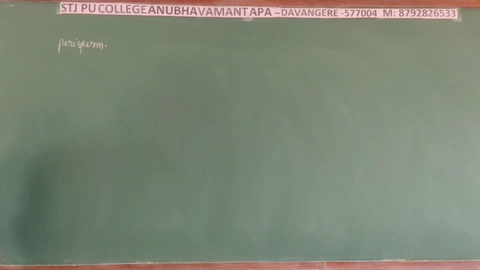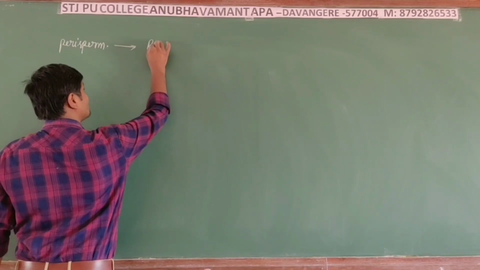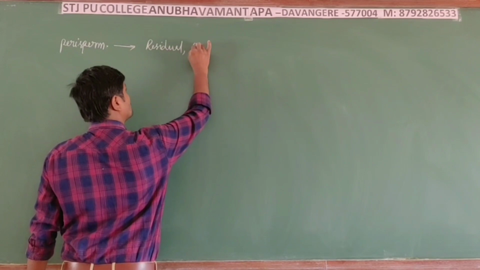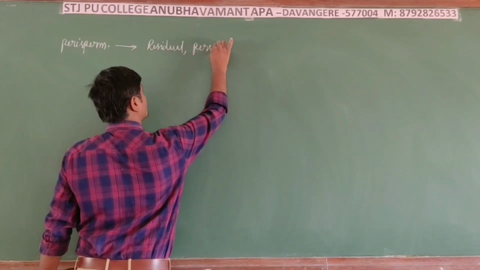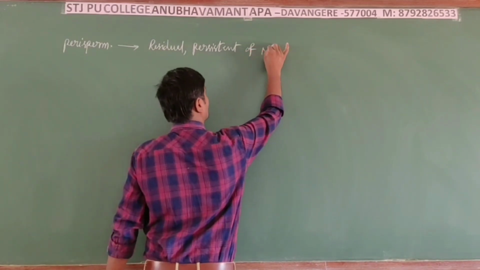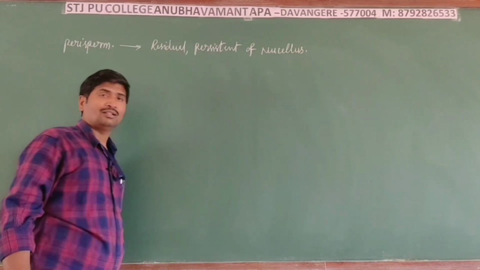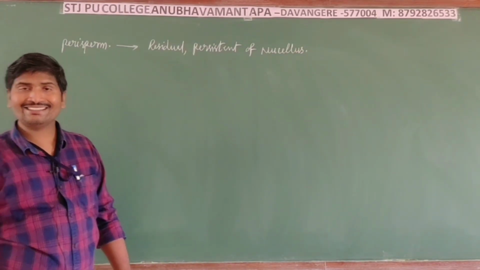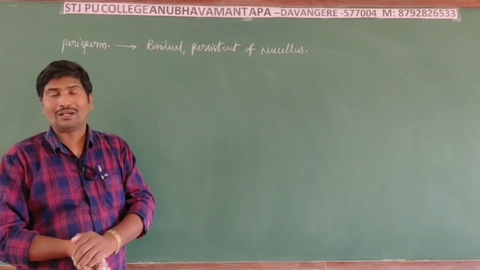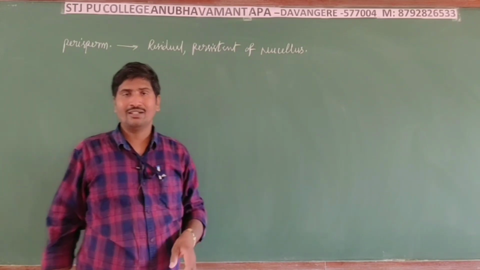Here, what about the perisperm? The perisperm is the residual, persistent nucellus. Generally the nucellus is absent after fertilization, but in a few plants the nucellus is persistent.